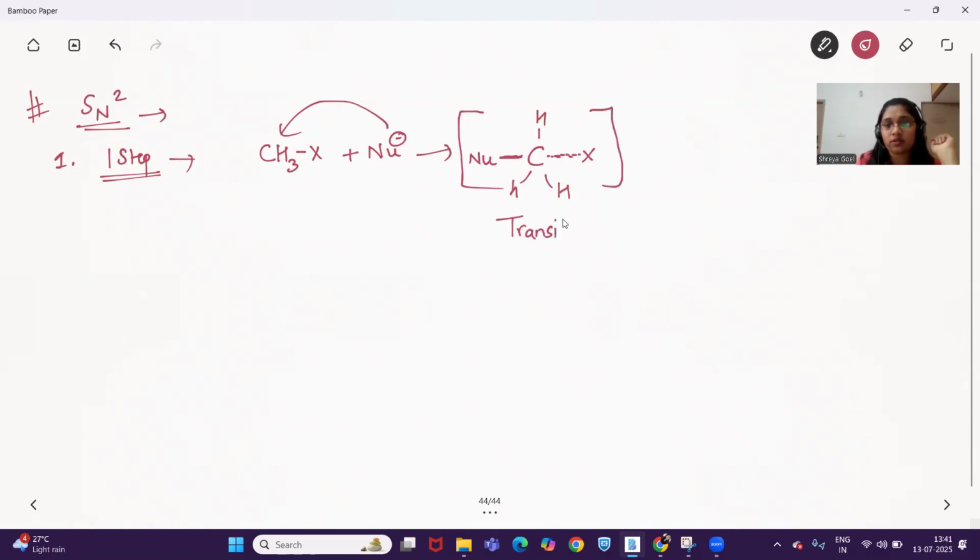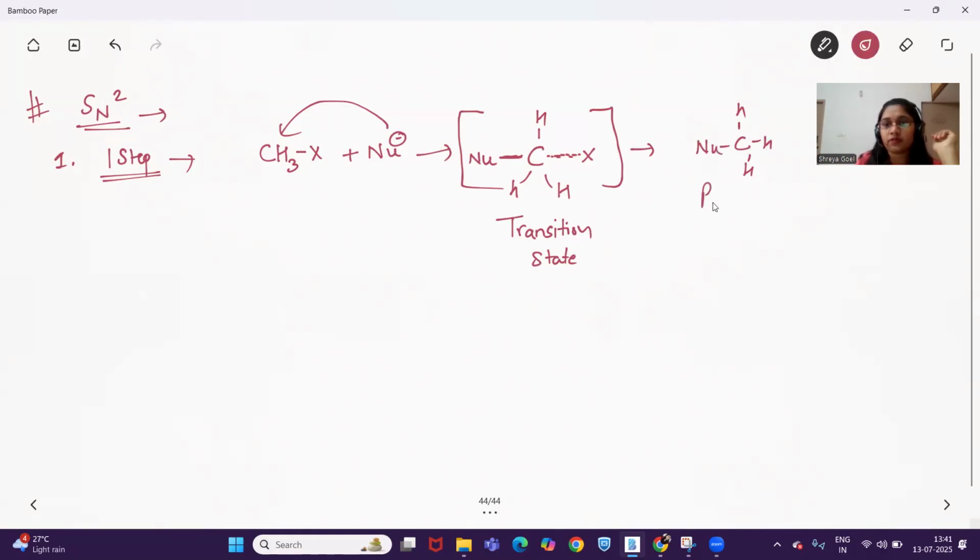What do we call the transition state? It is the state where the bond breaking and the bond forming are both happening at the same time, and we ultimately get our final product, CH3, and the nucleophile will come here.